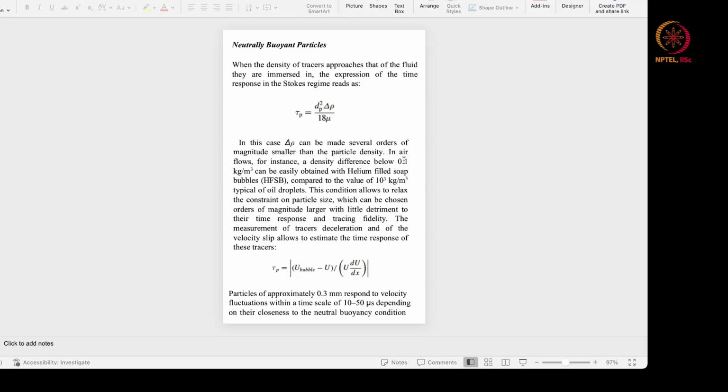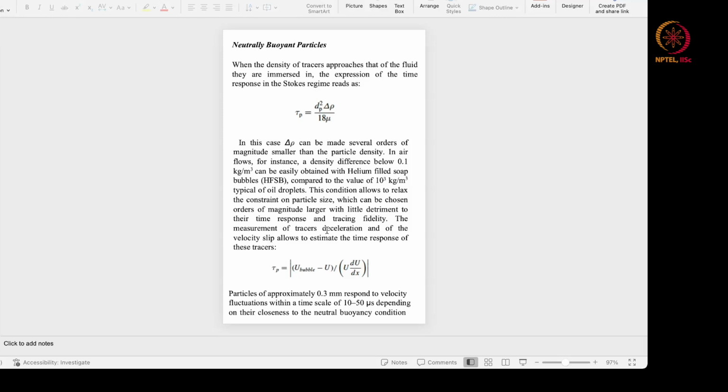In air flows, for example, a density difference of 0.1 kg per meter cube can be easily obtained with helium soap bubbles, as we said already, compared to 10 to the power of 3 kg per meter cube typical of oil droplets. This condition allows us to relax the constraint on particle size, which can now be chosen orders of magnitude larger with little detriment to their time response and tracing fidelity.